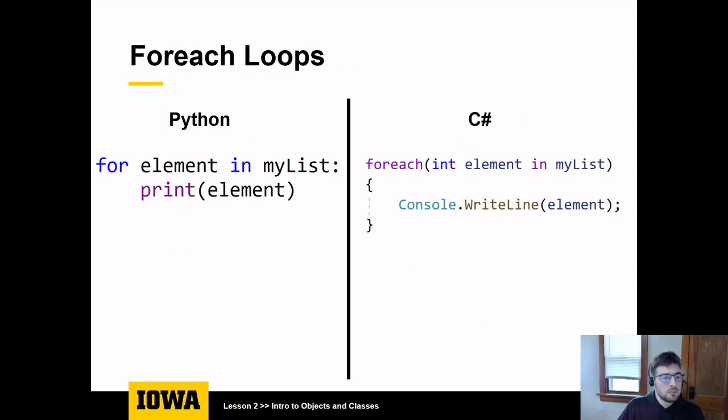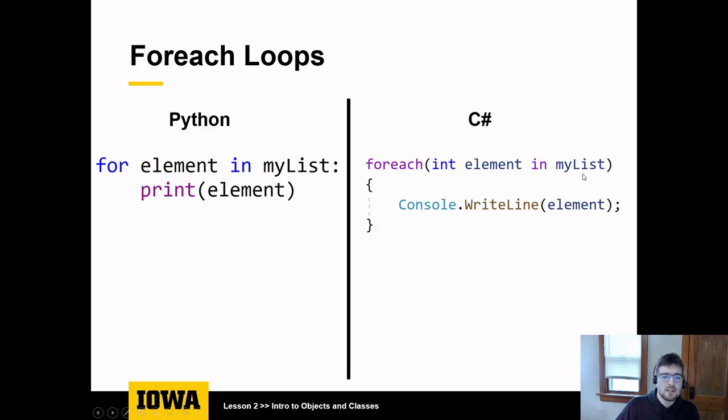Okay, foreach loops. So Python, you have your foreach loop. So if you have a list and you want to go through each item in the list, you use this syntax here, for element in my list, and then you could print that element, for example, or do some other things. In C#, we use the keyword foreach, and we have parentheses around this syntax here, but it's the same idea.